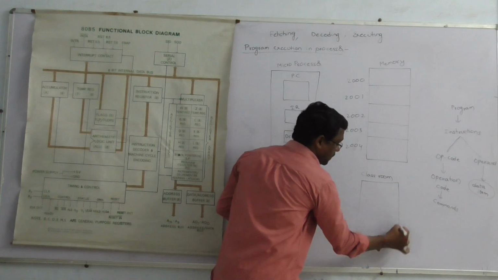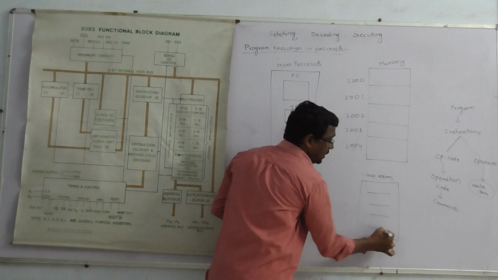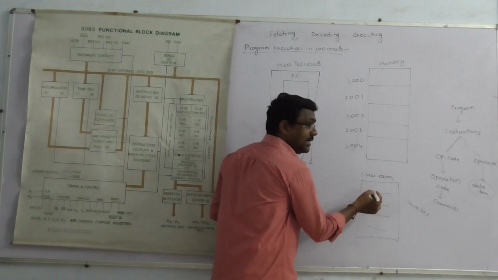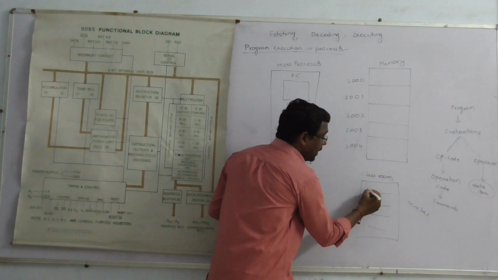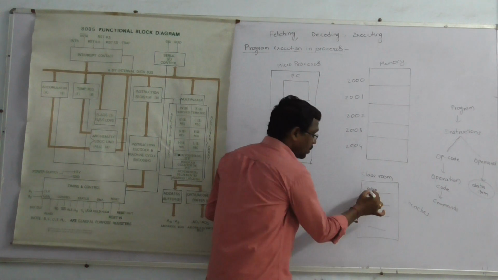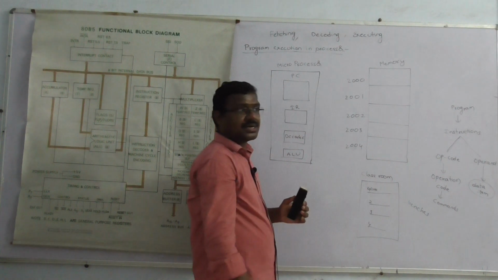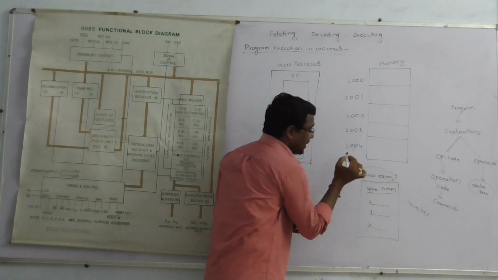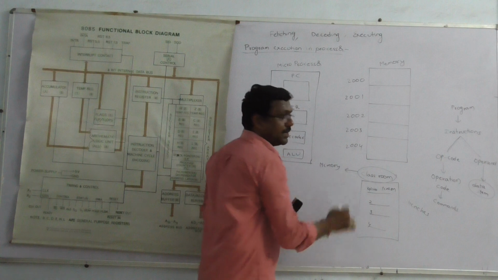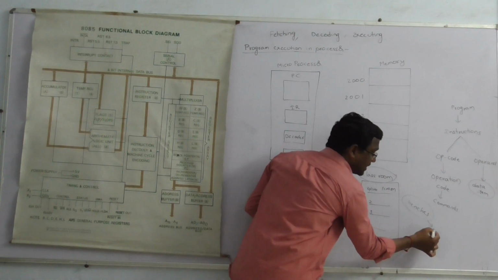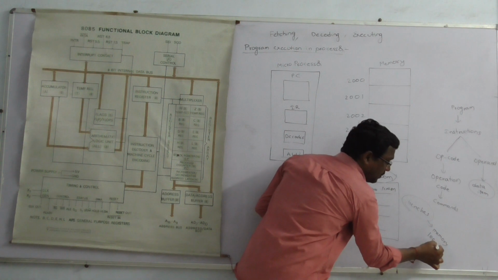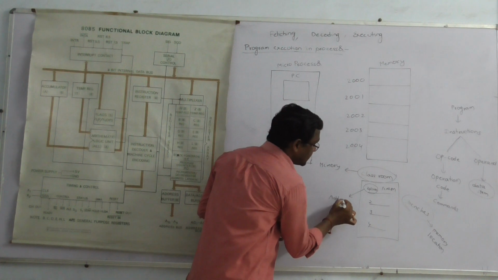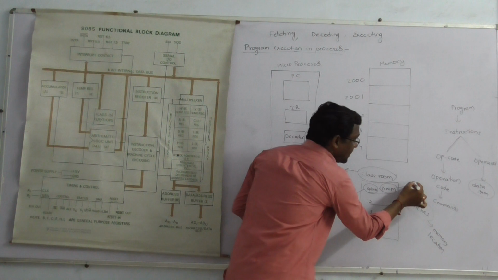In the classroom, we set benches, and on those benches we stick roll numbers, and particular persons sit on them. The classroom we treat as memory, the benches as memory locations, the roll number as address, and the person as data.